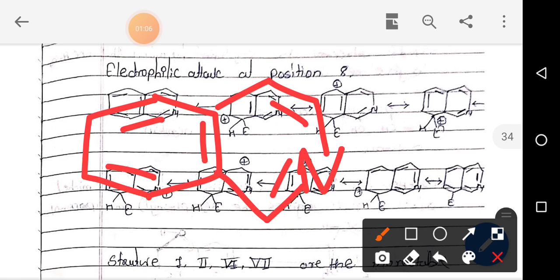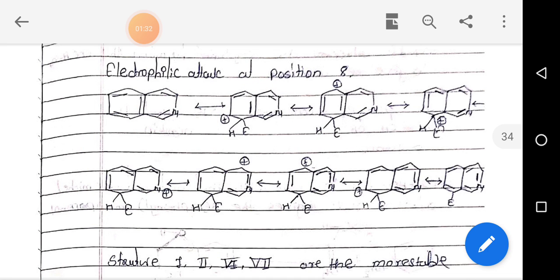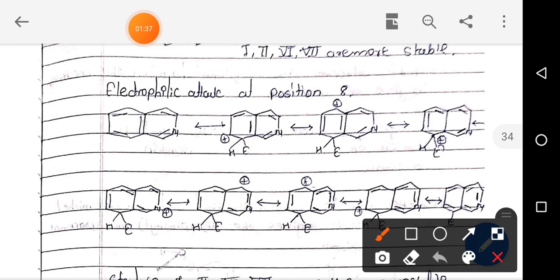This bond breaks, and here the plus charge appears with the addition of the electrophile and the H plus ion. This H plus ion is removed from here, and here is the formation of double bonds. I will show you how the double bonds form.